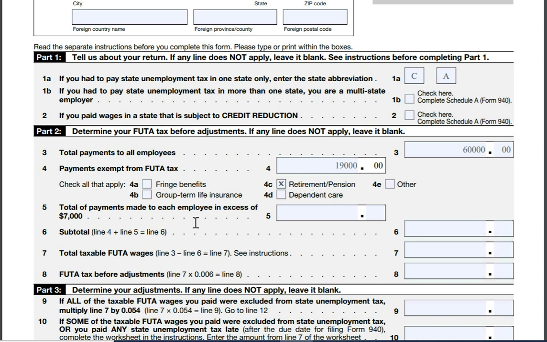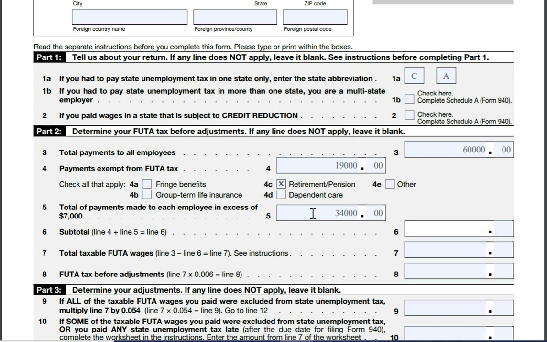Here you can also add life insurance, fringe benefits, care, or something else, whatever it is. Line 5 is total payments made to each employee in excess of $7,000. We have 60 minus 19 minus 7, it ends up $34,000.